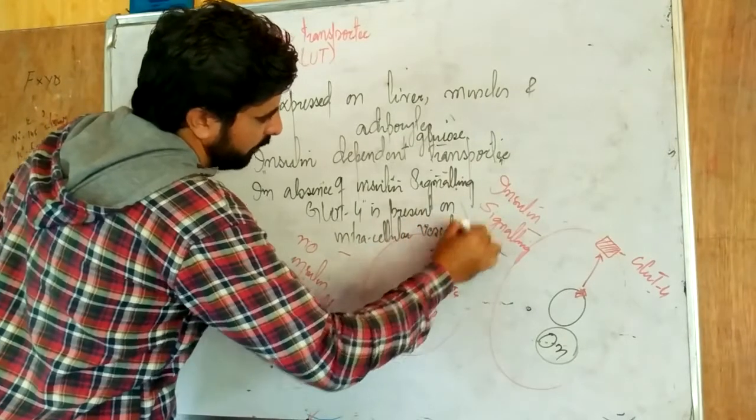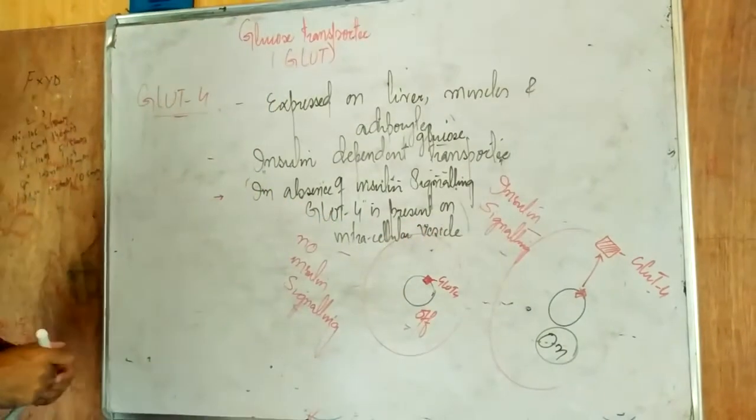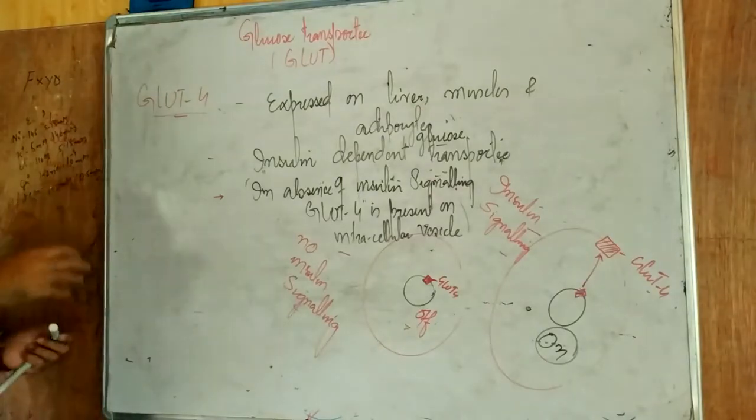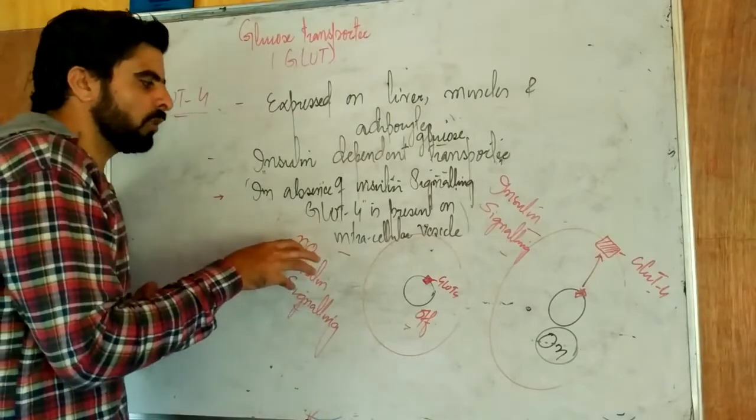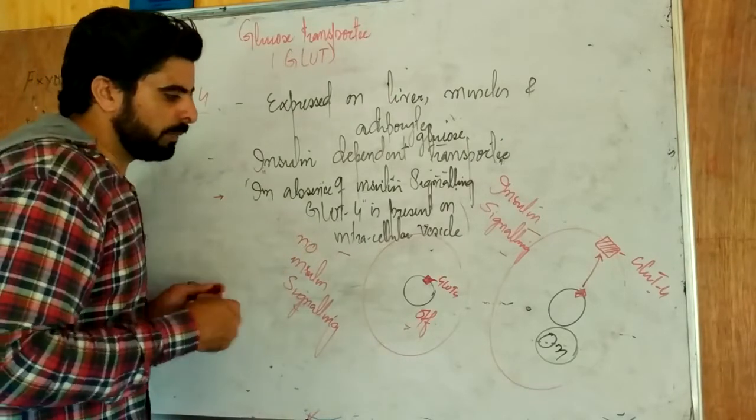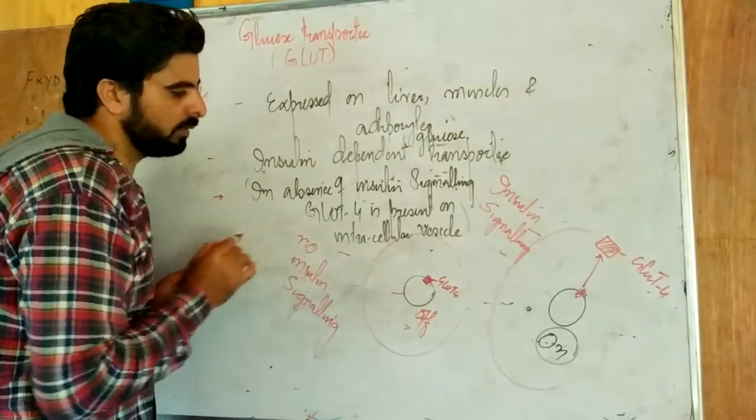This is the most important thing which you have to keep in mind. This is actually a transporter, but it's dependent upon the insulin. So in absence of insulin signaling, GLUT4 is present on this intracellular vesicle.